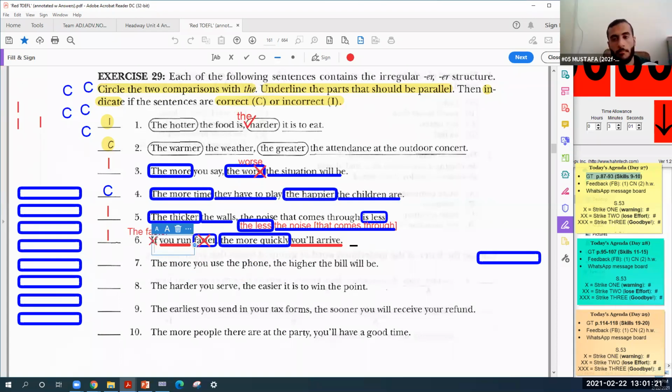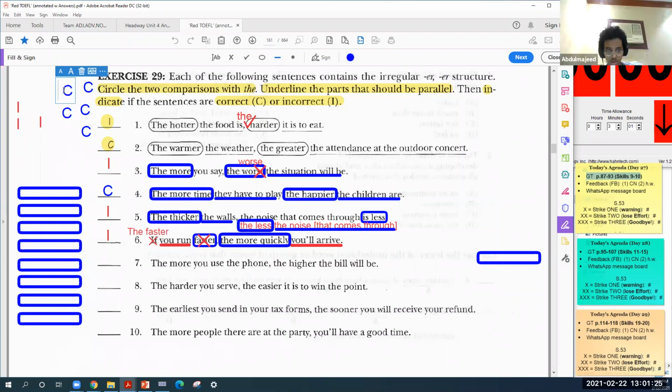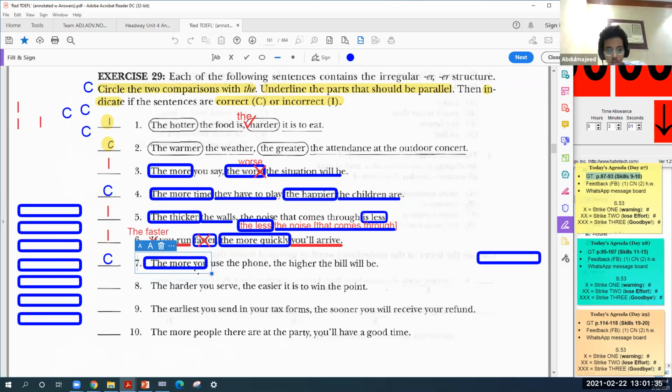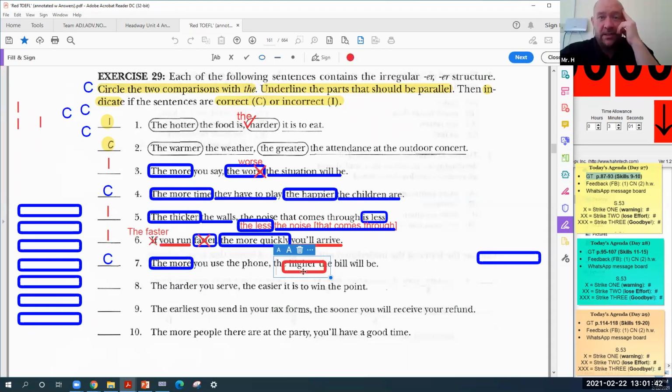Next, Abdul Majid, you want to do number 7? Yes, it's correct. Where do I put the circles? The more. The second circle, the higher.